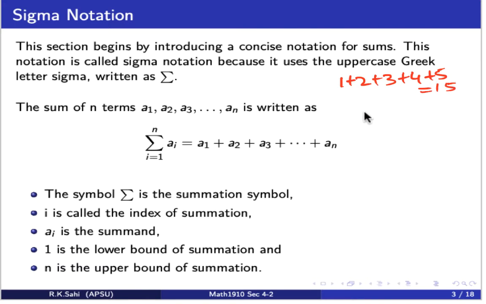How about if I have to add, say, 1 to 100? In that scenario, would you like to write that out? Say I want to add the first 100 natural numbers, 1, 2, and so on. I will be tired writing this up to 100, and then again, it's going to take me a long time to get the answer.